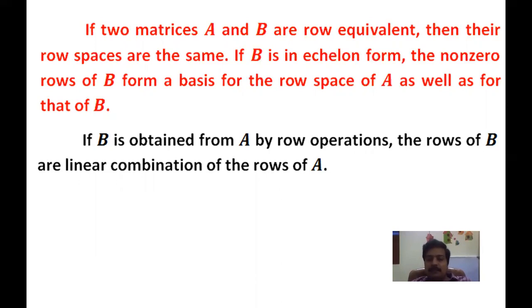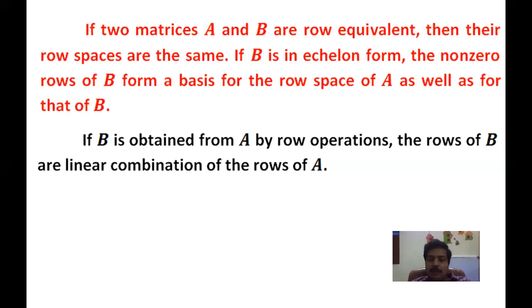Sometimes we add R1 plus R2. Sometimes we subtract R1 minus 3R3. Like that. These are all linear combinations. So after performing a few elementary operations, we will get the echelon form.